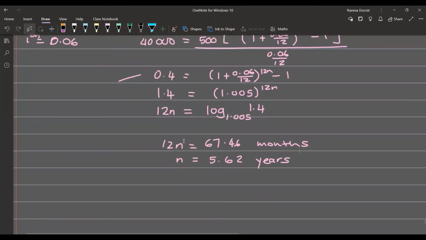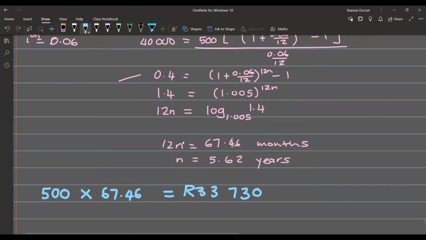Just to show you, this is if she invested it and it's been gaining interest. Just to show you the difference, if you just say 500 without the interest, so she just took the 500 times each of the 67.46 months, how much she would have saved if she didn't put it in a savings account is 33,730.